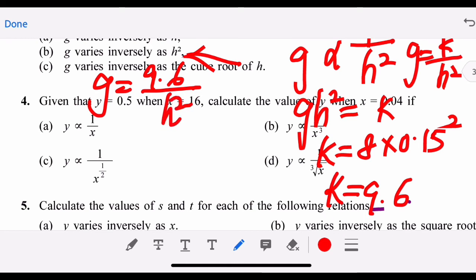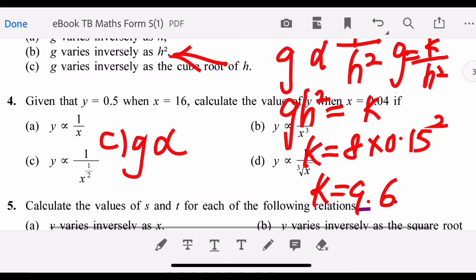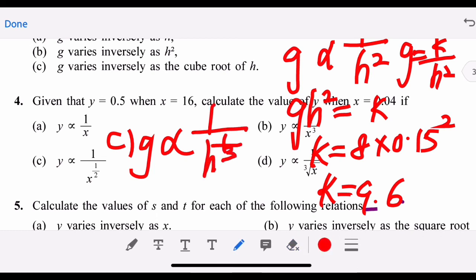This is B. And then for C, G varies inversely as the cube root of H. So cube root means that 1 over H to the power of 1 over 3, right?